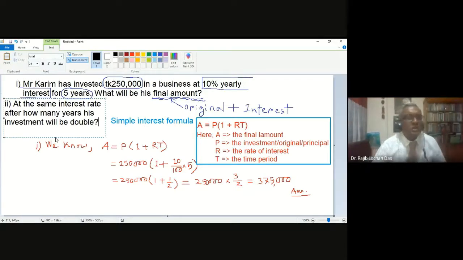So this is my second question. Same Mr. Karim, same investment amount and same interest rate.